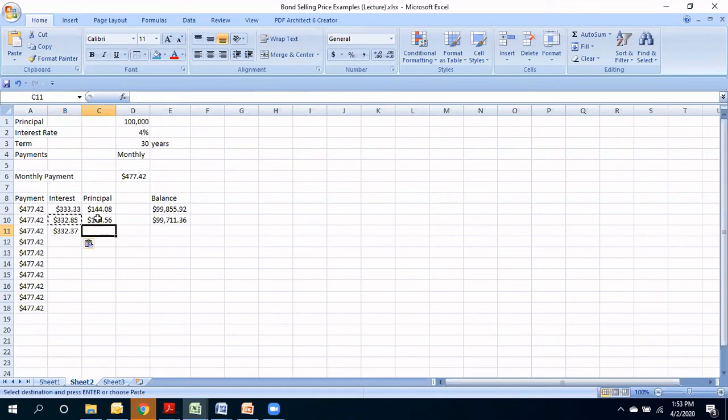I'm going to copy this, and then copy my remaining balance. Oops, that's not right. I want E10 minus C11. Yep, that is right. And so I'm going to do this all the way down for all these cells.